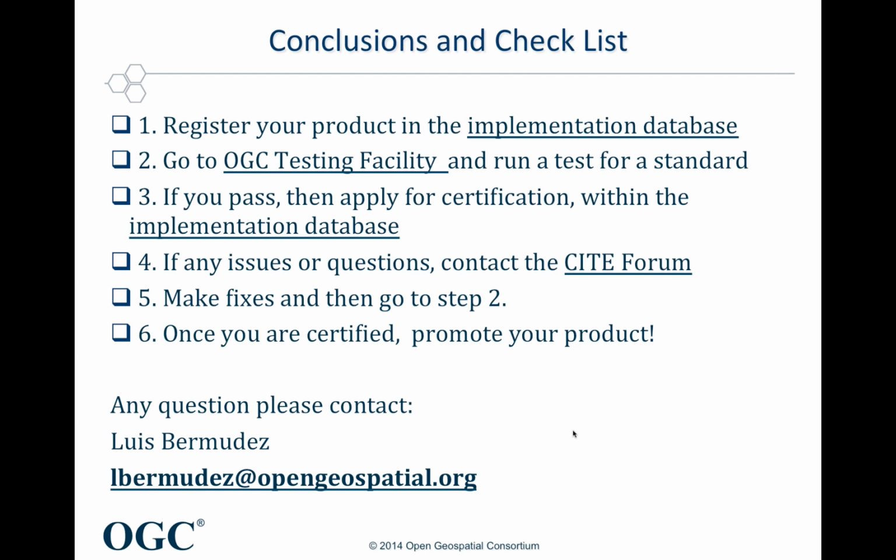Third, once you pass and you want to apply for certification, you go to the implementation database, link to the Team Engine account, and you fill in all the necessary information. Fourth, if you have any issues or questions, the best way to go is to use the forum, because there are a lot of people that can help you. Then you can go do more fixes, go to step 2, and once you're certified, promote your product.